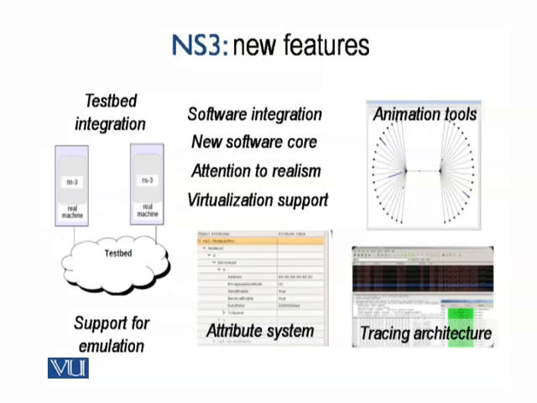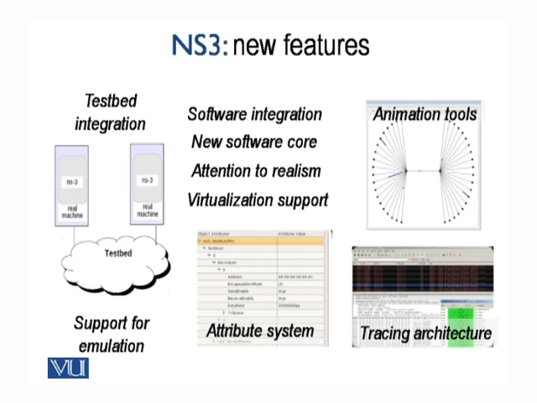Many of the animation tools that we have for NS2 are being worked over to have NS3 versions, and we are creating new versions of animation tools. So this is something that is important, because in network simulation we also want to have the ability of animating the run of our simulation.